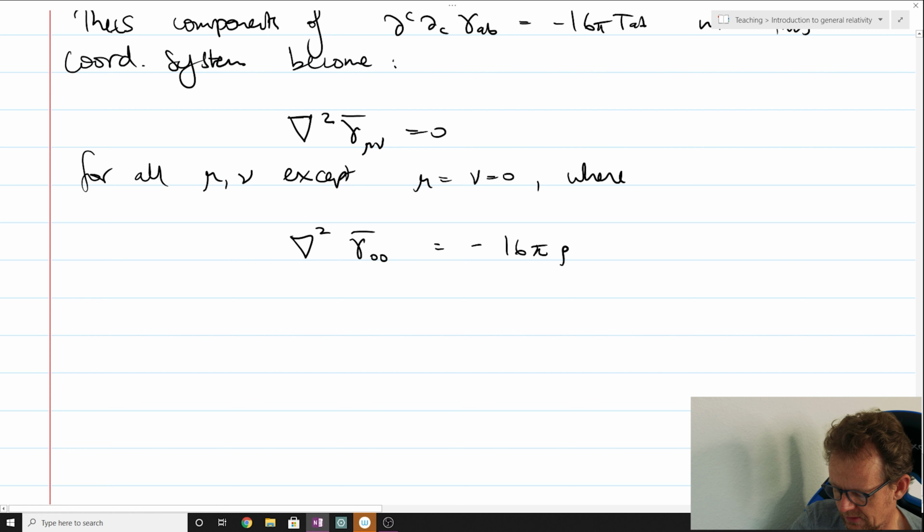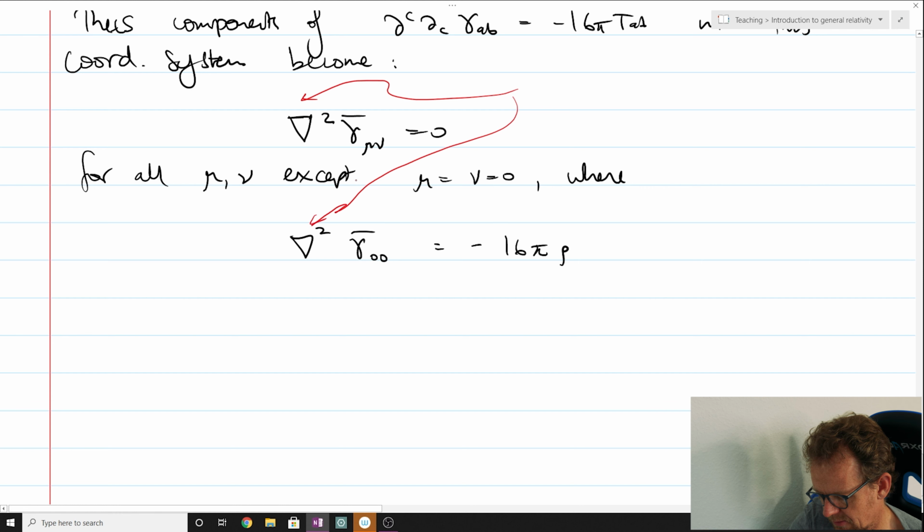Now this, I've drawn this delta squared here. I guess it's worth flagging this, right? This has got nothing to do with the covariant derivative. This is the usual Laplace operator.